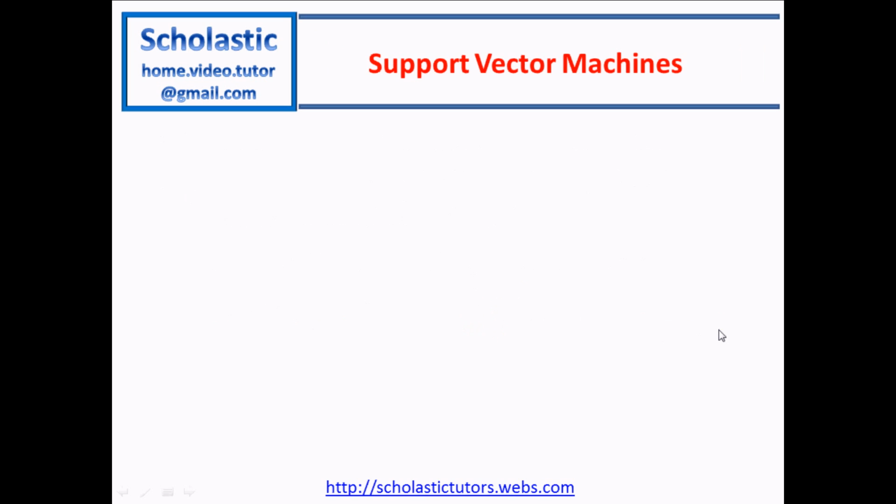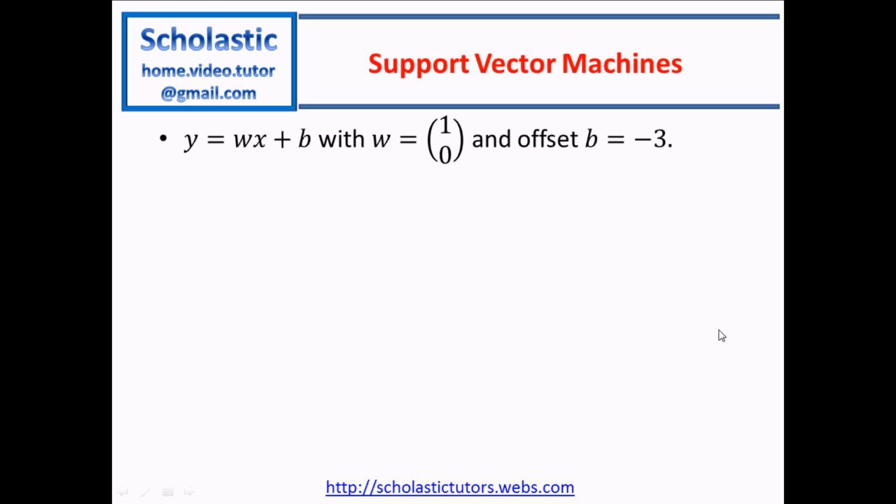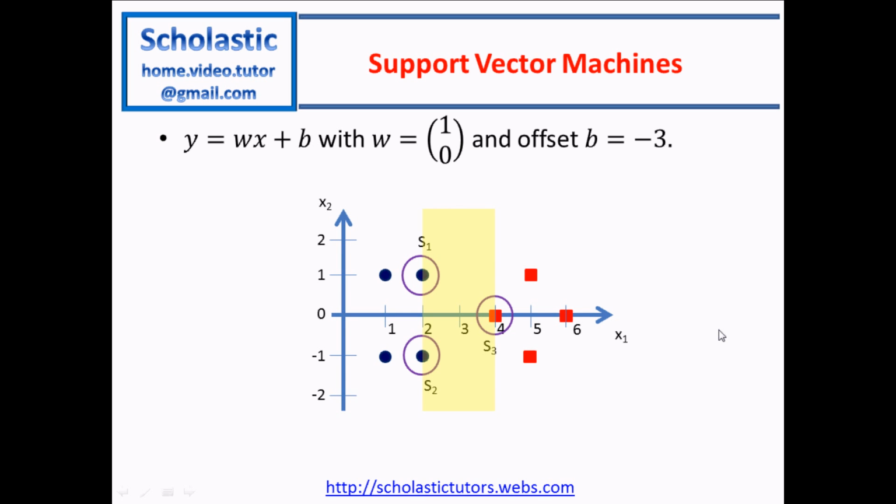So how are we going to plot this one? Basically w equal to (1, 0) is a vertical line. It has a gradient of 90 degrees, (1, 0), and offset 3. Basically b equal to -3 actually goes through plus 3 here.